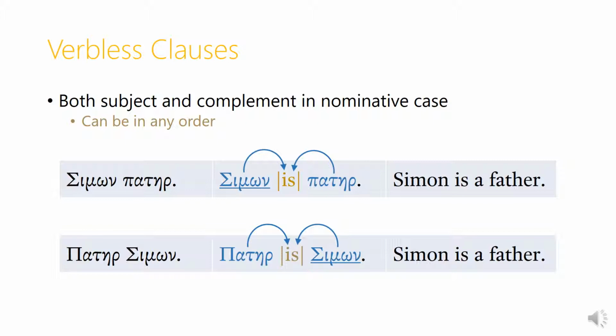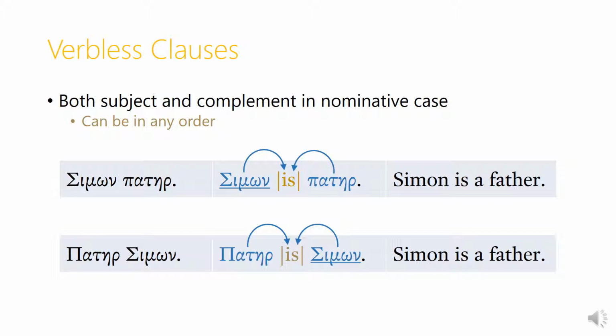So if we take these two clauses, Simon Pater and Pater Simon, they mean the same thing, even though the word order is different. So in both cases, the verbless clauses, we assume the verb to be is at the core of them, and we assume that one of the nouns is modifying that verb to be to give us the subject, the other is giving us the complement, telling us how that subject exists.